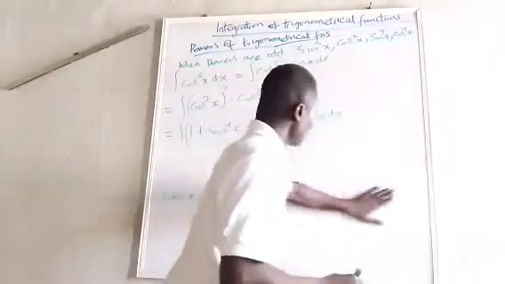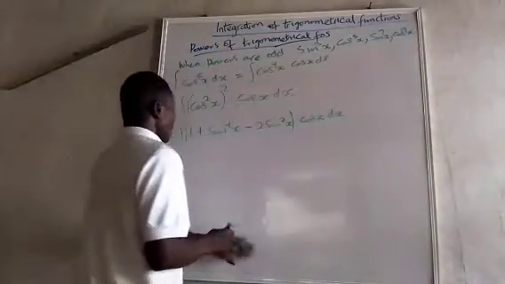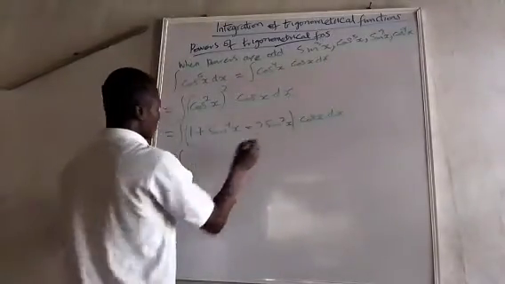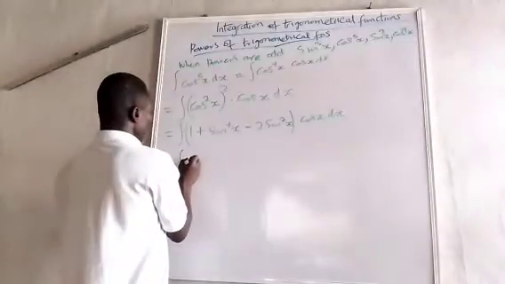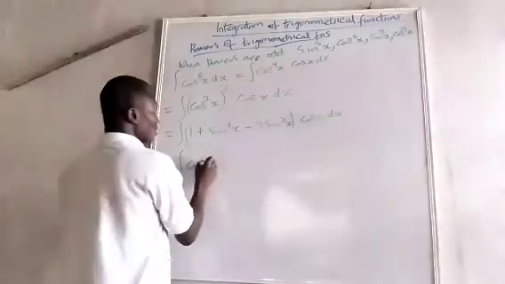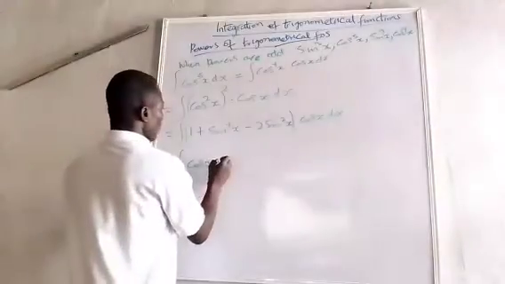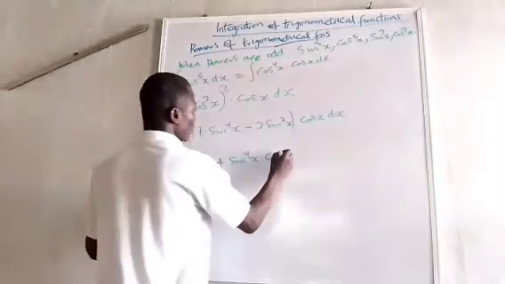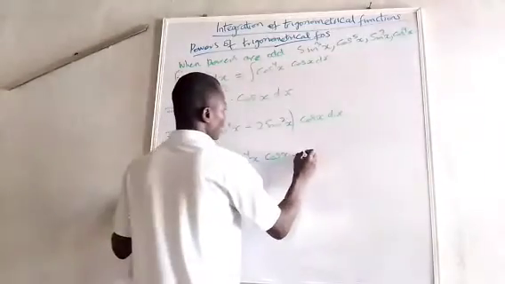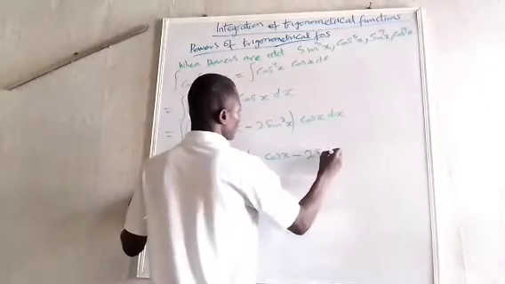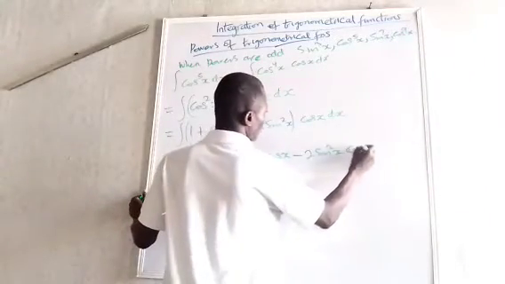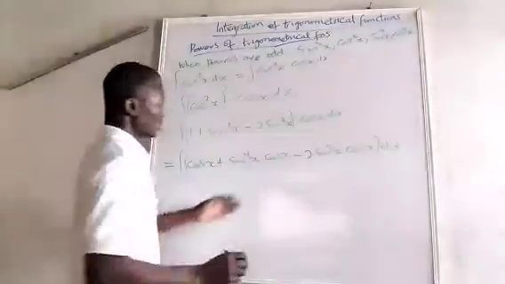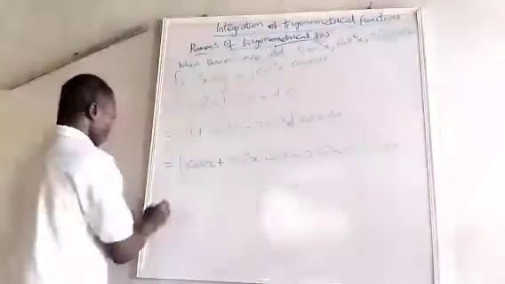So let me now work it out. So for ease, why don't I do it like this? Cos x plus sine raised to power 4x dot cos x minus 2 sine square x cos x dx. So you see, it's very easy now.